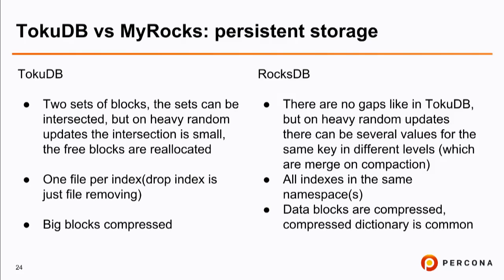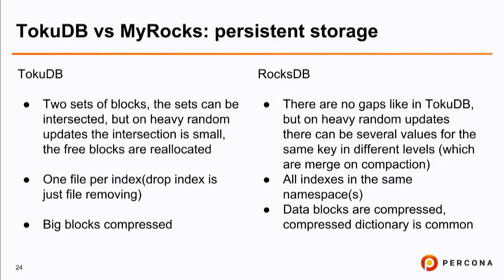And in TokuDB, blocks have good compression quality because of their size. For RocksDB, there are no gaps like in TokuDB, but on heavy random updates there can be a lot of different values for the same key on different levels.